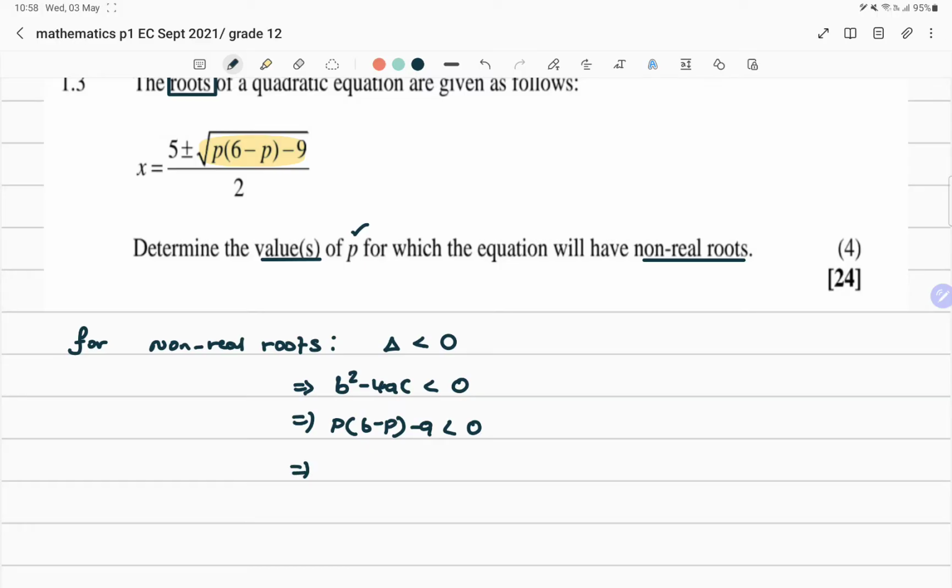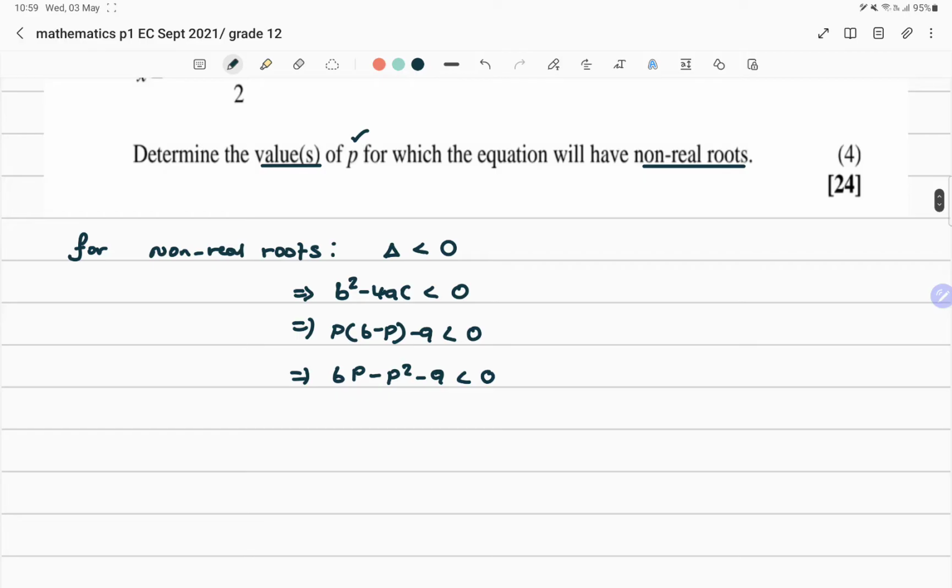That expression under the square root sign should be less than 0 for this to have non-real roots. Then when we expand it out, what do we get? We get 6p minus p squared minus 9 less than 0.